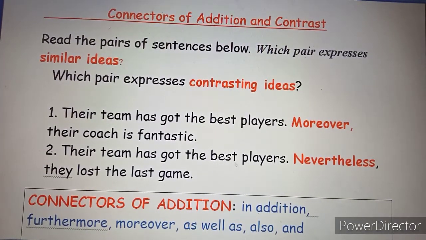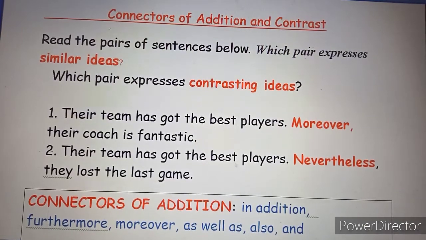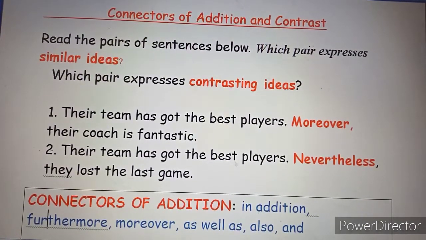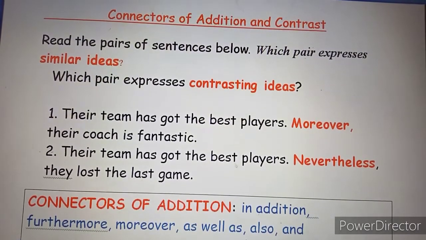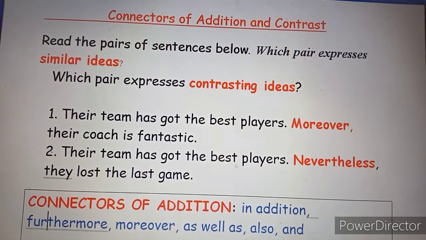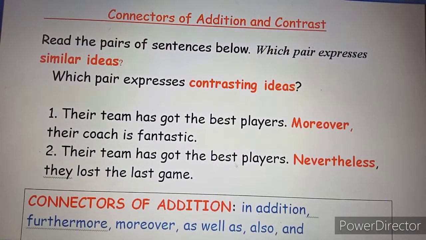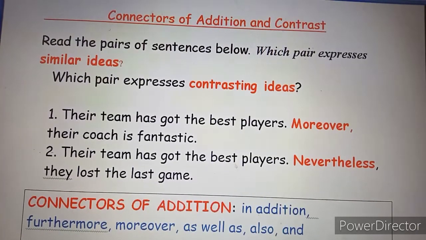Their team has got the best players. Moreover, their coach is fantastic. So look at the first part of the sentence. Their team has got the best players. Moreover, their coach is fantastic.